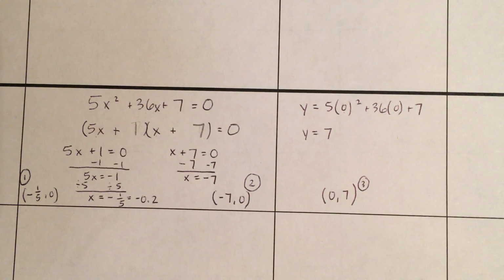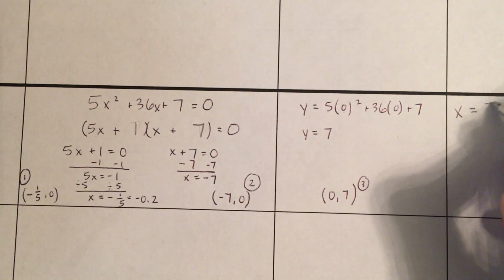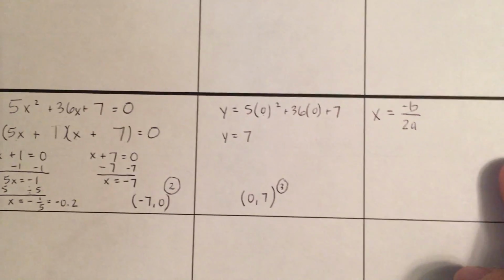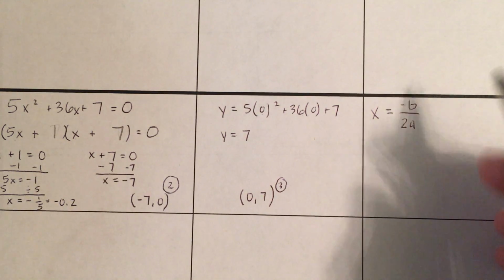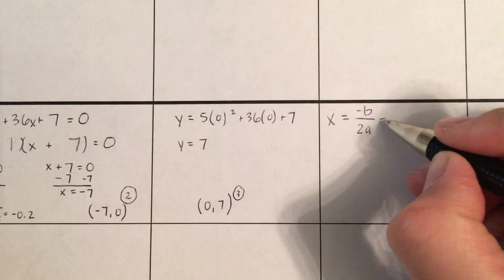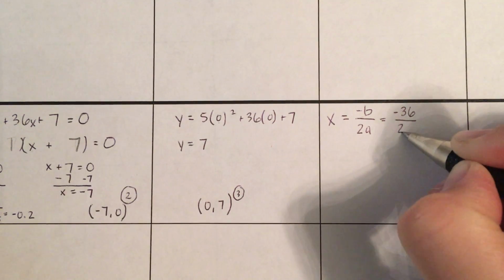Now, the axis of symmetry. The formula is the same. The only thing that's changed a little bit here is that now a is not 1, so that's going to change a little bit. So negative b, b is 36, so negative b is going to be negative 36 over 2a, a is 5.